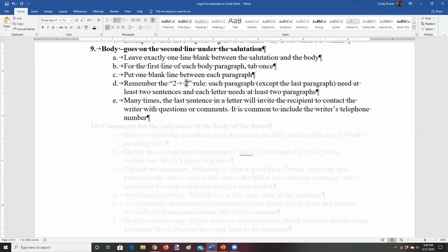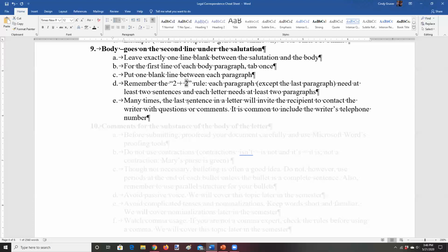Well, probably that's the switchboard number. If you're sending a letter to somebody, it's usually a best practice to go ahead and give them your direct line. But perhaps in your law firm, the practice is to have everyone go through the switchboard. So you can include the switchboard number there. Yes, you could say, well, I don't have to, it's already on the letterhead. But again, our goal here is to make it as easy as possible for the reader to get the information.